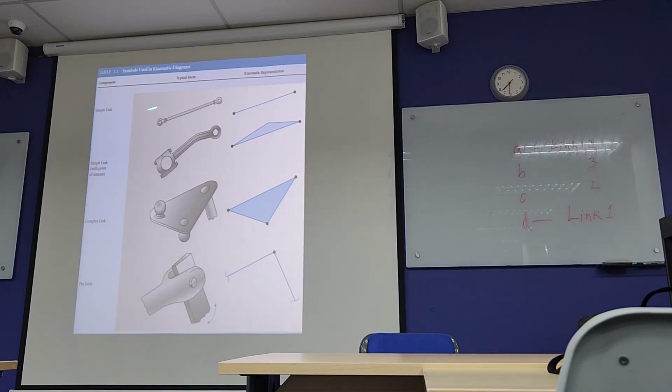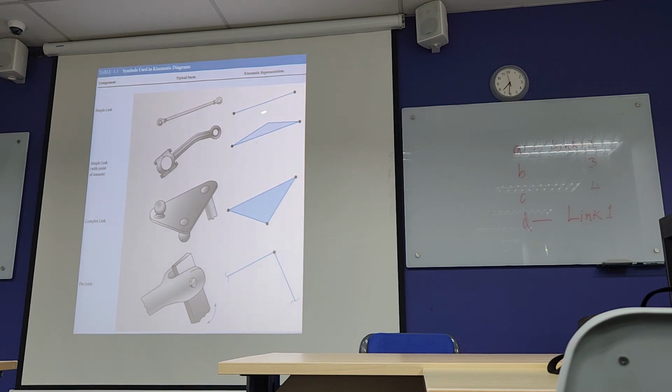For example, a simple link in reality looks like this in typical form, but when we draw, we just draw a straight line with two dots.